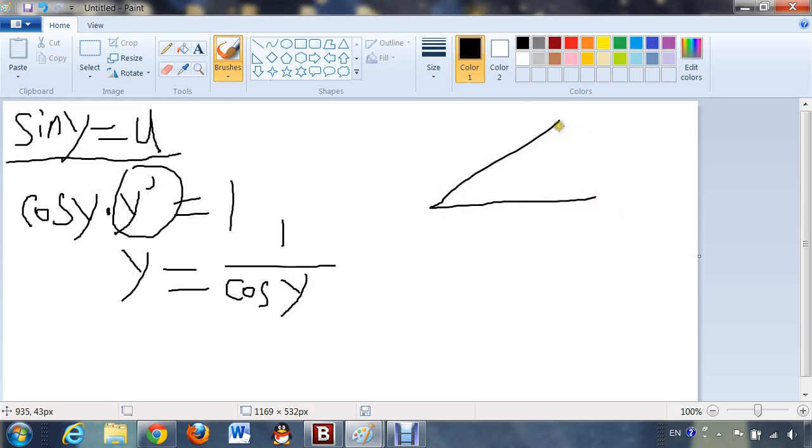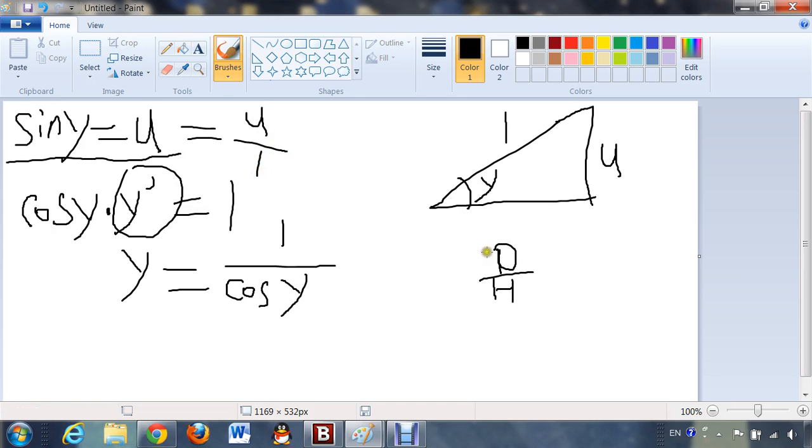We will draw a triangle where this angle is y, and we know that the sine of y is u. Remember that sine is opposite over hypotenuse, so it is u over 1, with the hypotenuse being 1.